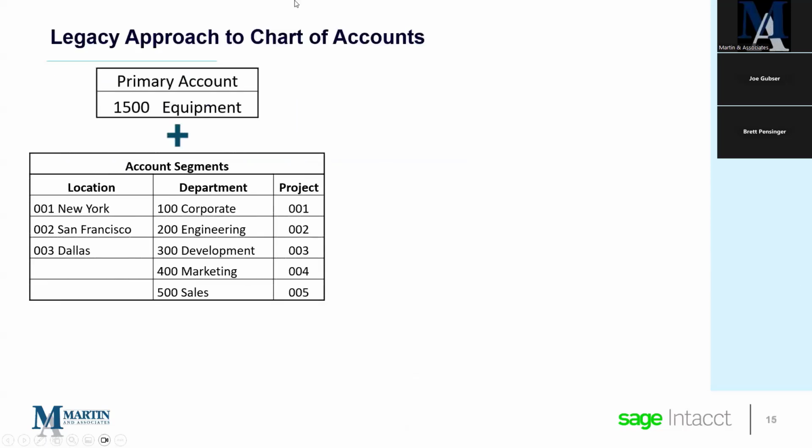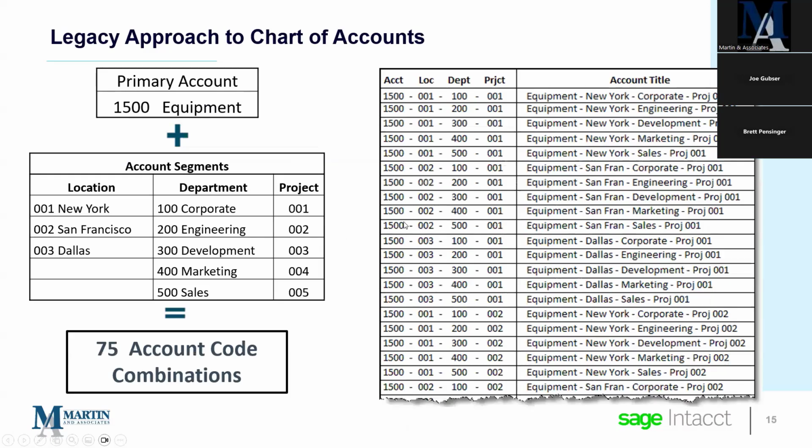Here's a quick example. So we have a legacy approach to a chart of accounts. We have one account, the 1500 account, and this company has 3 segments: a location, a department, and a project. And here's the values for each of those. In a legacy system like Sage 100, to create every possible combination of location, department, and project for this one account, you're creating 75 different accounts out in your chart of accounts.